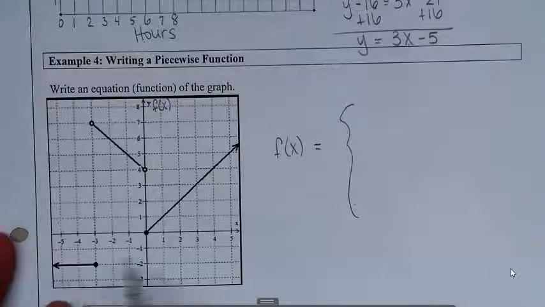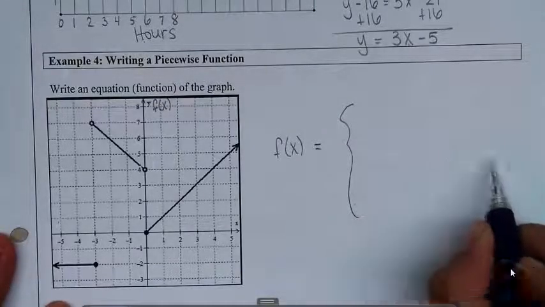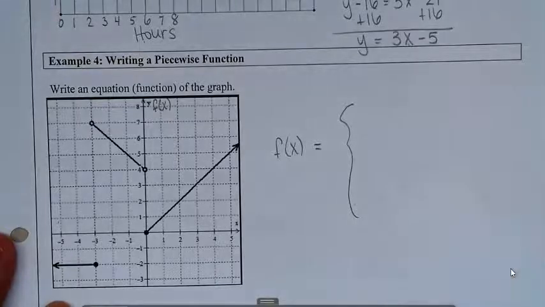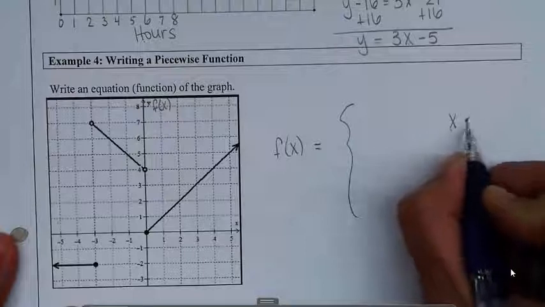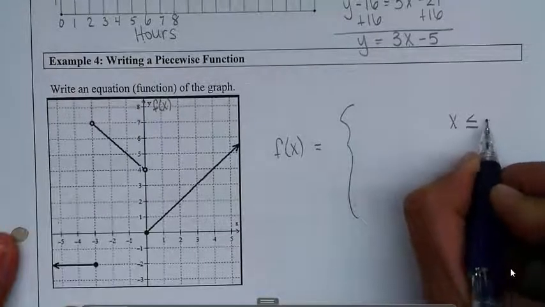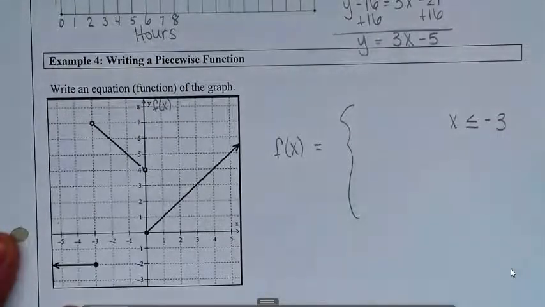All right, so the first thing, I like to write down my domains first for each piece, and then go back and identify, okay, what is that exact function? So my first piece here looks like it's anywhere where x is less than or equal to negative 3. So my first piece is going to be where x is less than or equal to negative 3. My second piece, and again, I'm just looking straight on the x-axis.